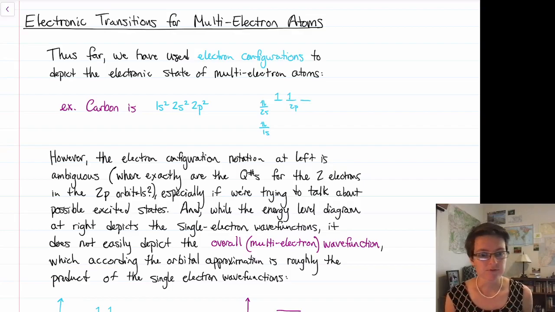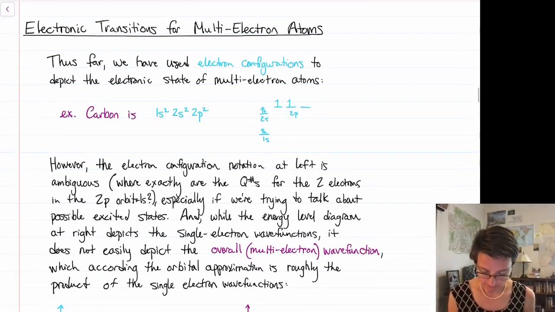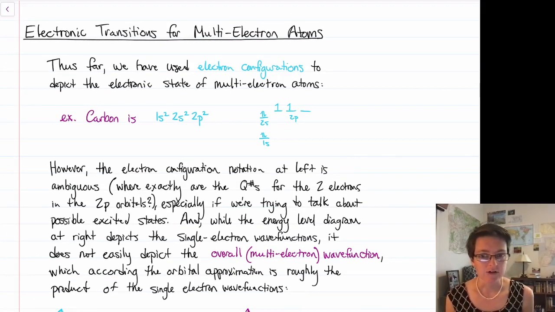However, both of these types of notations for depicting where the electrons exist in carbon are a little bit deficient or ambiguous. You may not have thought too much about it, but the electron configuration notation shown at left doesn't give us full information about which 2p orbitals are being occupied when carbon is in this configuration.